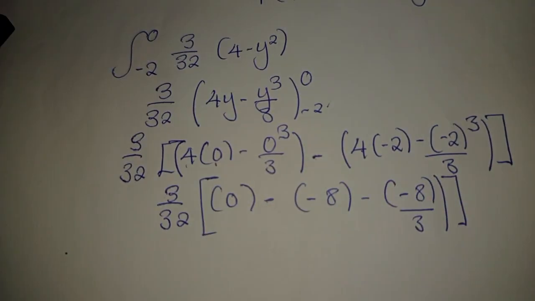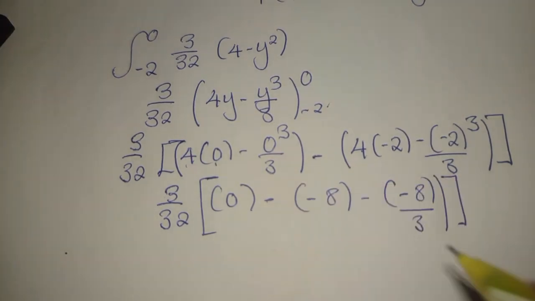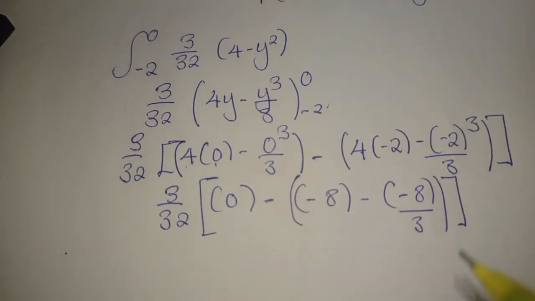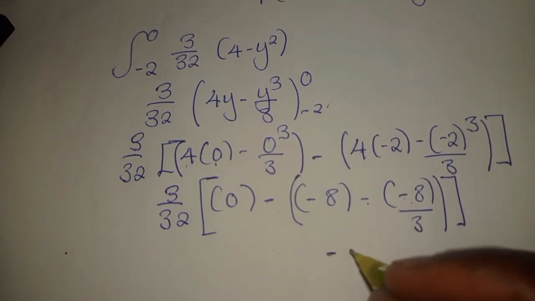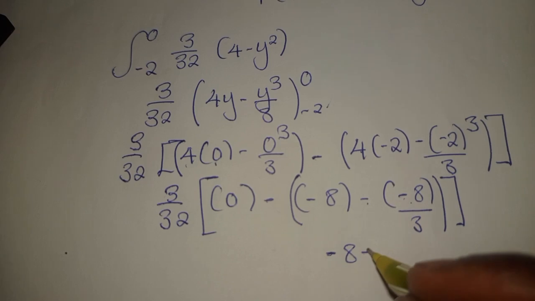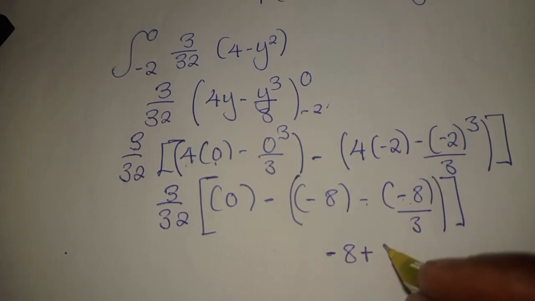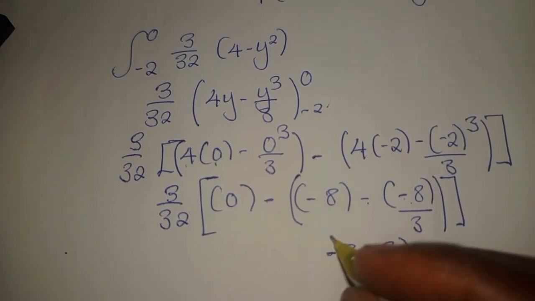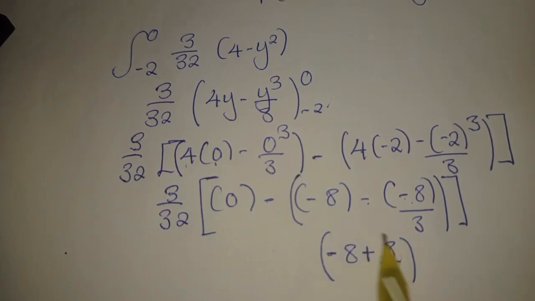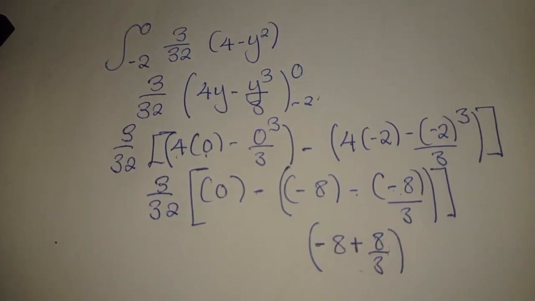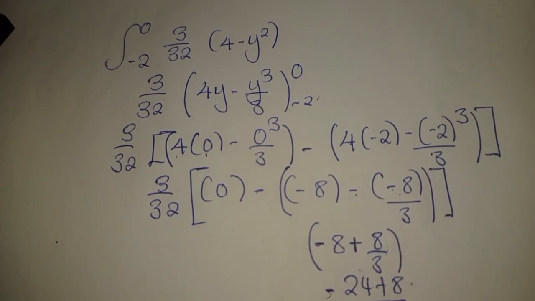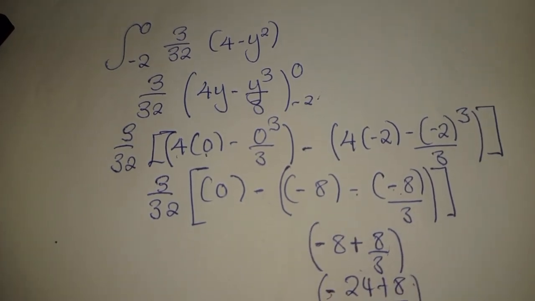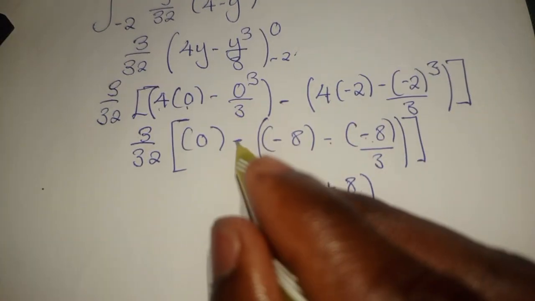So having done this, we just continue. Remember that here negative times negative is positive. So we have positive 8 over 3. Then we know for sure that this gives us negative 24 plus 8 divided by 3. Remember, we have a negative which we haven't touched.